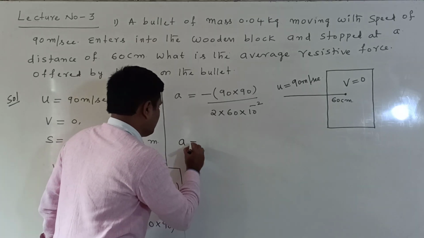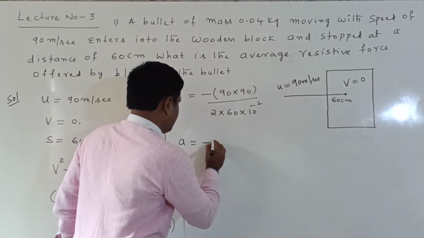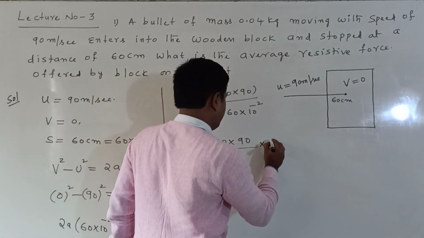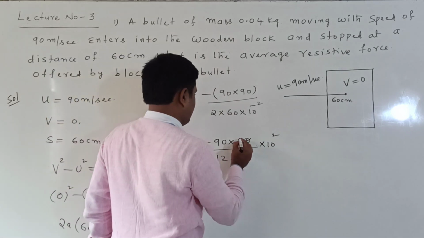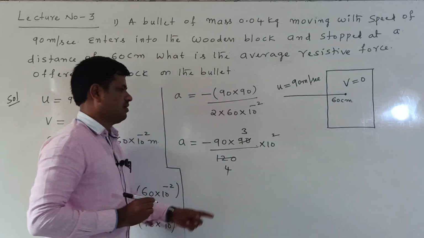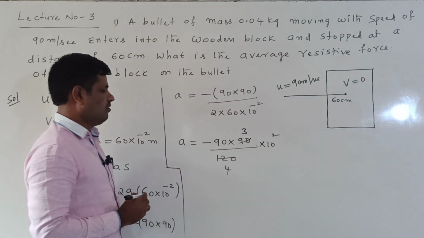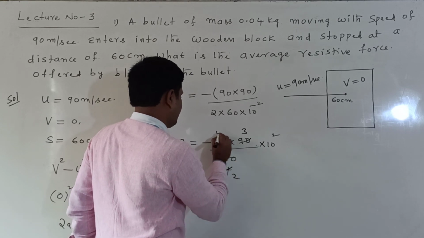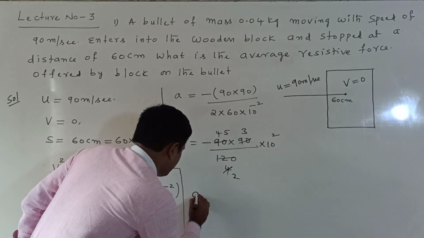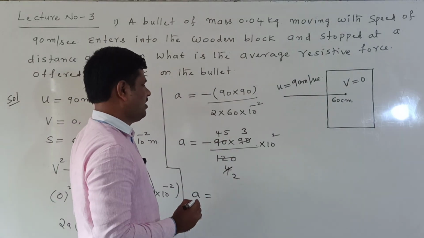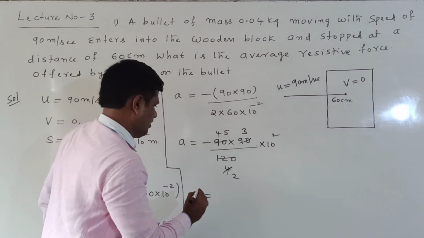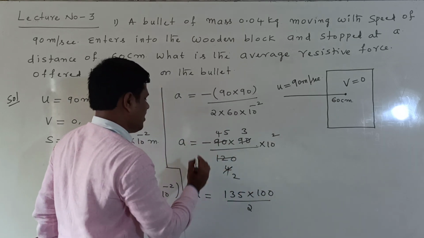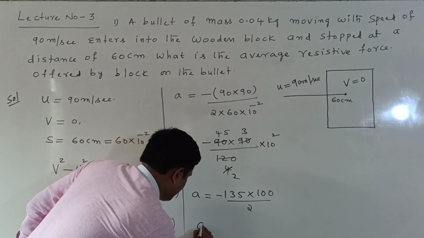This is minus 90 into 90 by 120, taking 10 square into the numerator. Simplifying, 90 by 120 gives 3 by 4, so a equals 45 into 3, which is 135, into 100 by 2. This is a minus value.